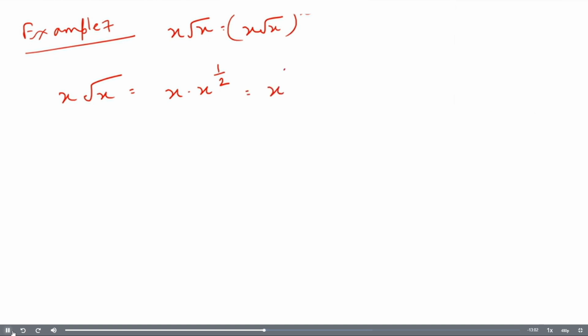This is x to the power 1 plus half. If you have a common base, you have to add the two powers. You will get x to the power 3 by 2. So x root x is equal to x to the power 3 by 2.